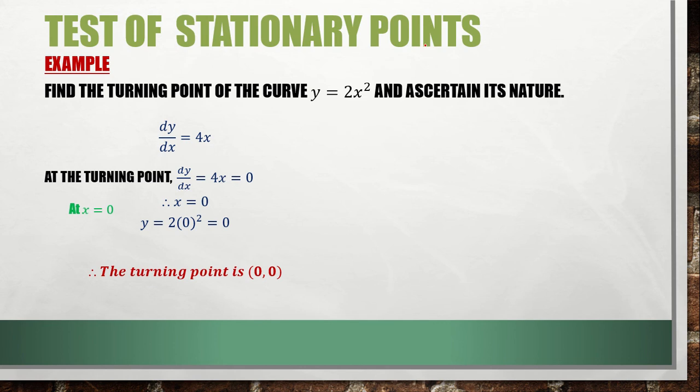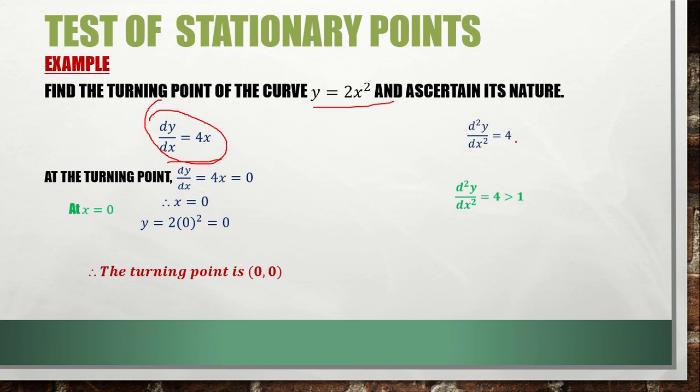Now, what about now the nature? The nature will be gotten by getting the second derivative, which is d squared y over dx squared, which is 4. I believe you can be able to see how to differentiate that. We are differentiating this again. So after differentiating this, you get this. So the second derivative is found by differentiating the gradient function, which will come to this.